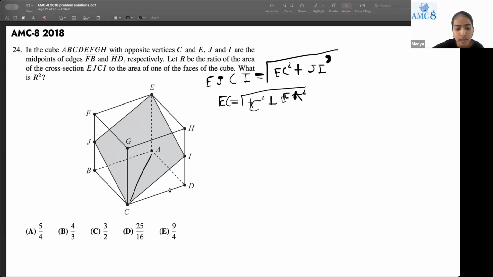Well, to find that out, we can do the bottom right triangle. Since this is a square, then this angle must be equal to 90 degrees. So AC is equal to the square root of AD squared plus CD squared.